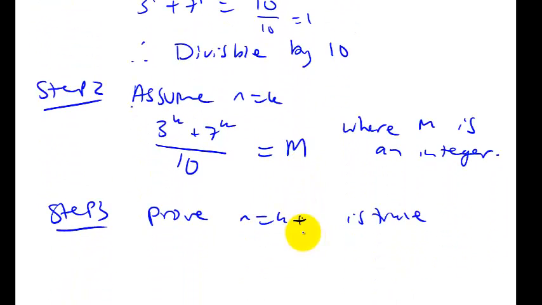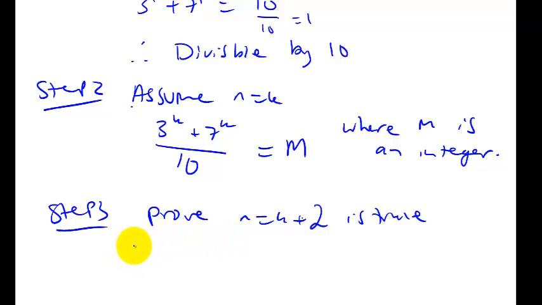Well, if 1 works, what's 1 plus 1? 2. You're telling me 2 should work, but 2 shouldn't work because it said odd integers. So it should be n equals k plus 2. Because 1 plus 2 is 3, 3 plus 2 is 5, and that way you're going to get all odds. Even if it said even, you still do k plus 2, because 2 plus 2 gives you 4. So it's always going to skip the odd or even, depending on the question.